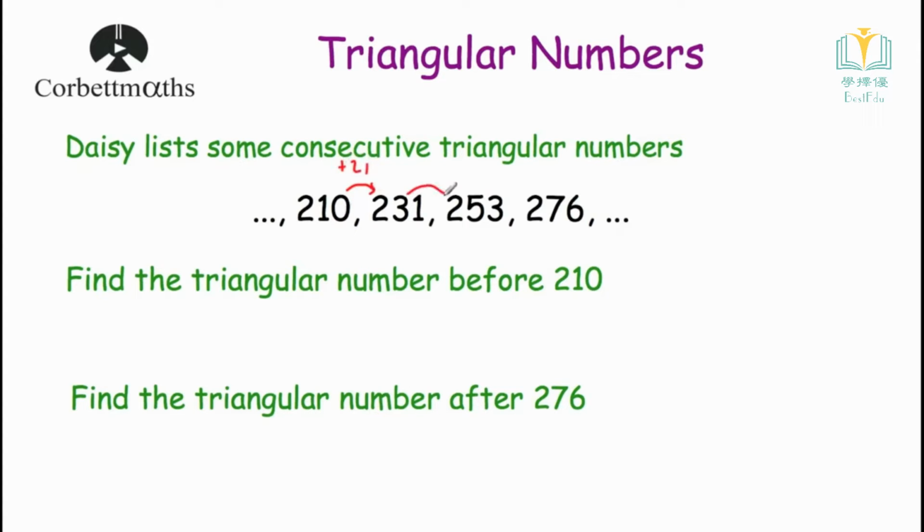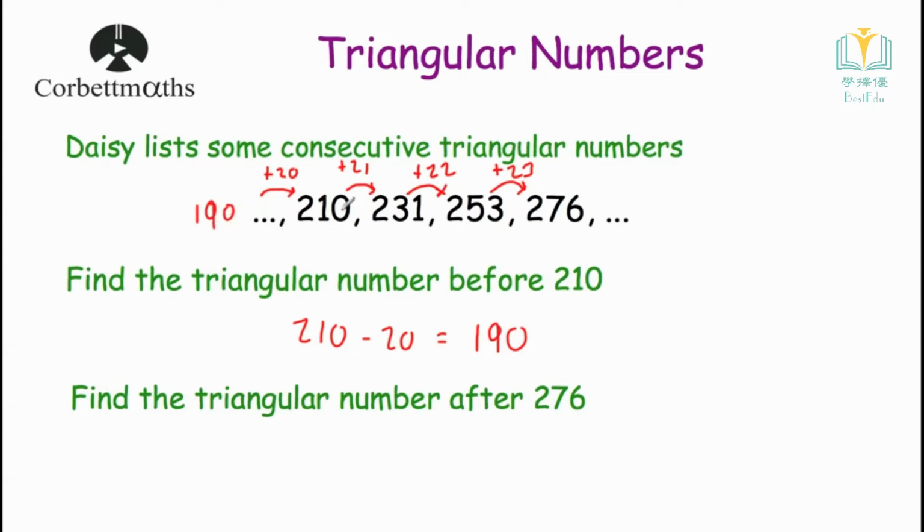Then she's added 22 to get the next one, and then 23 to get the next one. So if we want to find the triangular number before 210, this number plus 20, because each time we add on one more number, would give us 210. So if we take 210 and take away 20, we will get the triangular number before 210. And 210 take away 20 is 190. So the triangular number before 210 is 190.